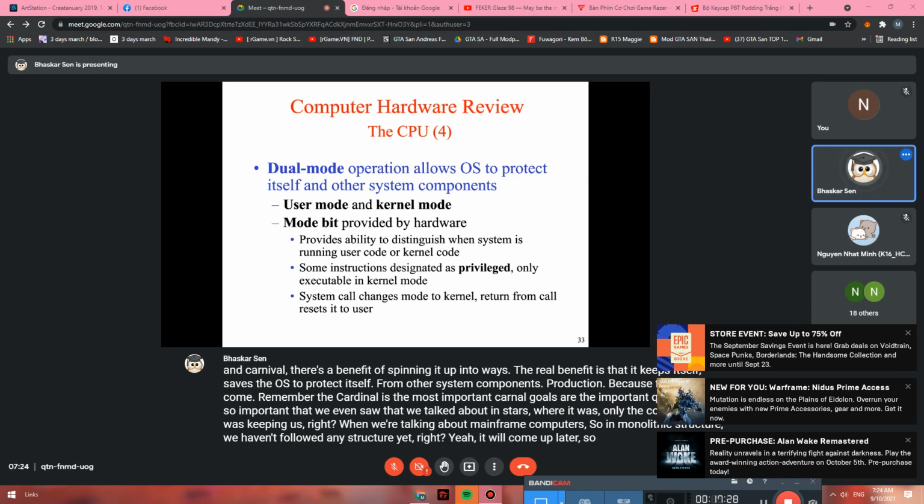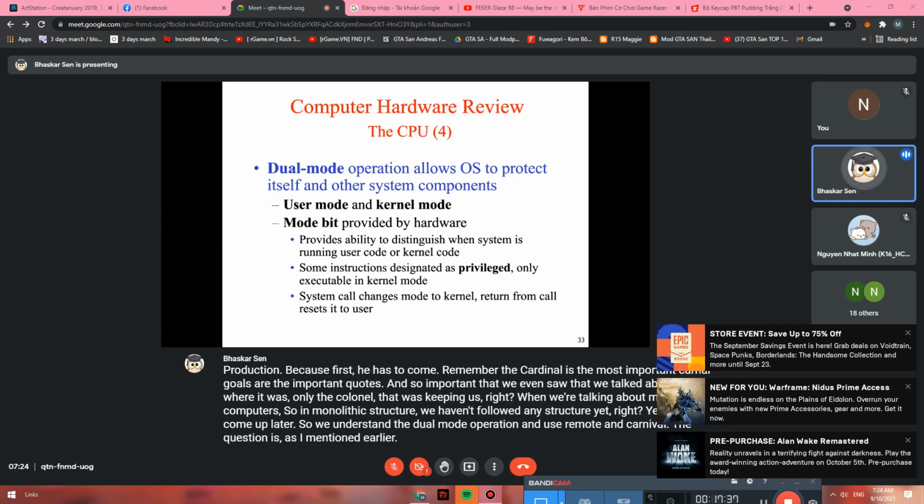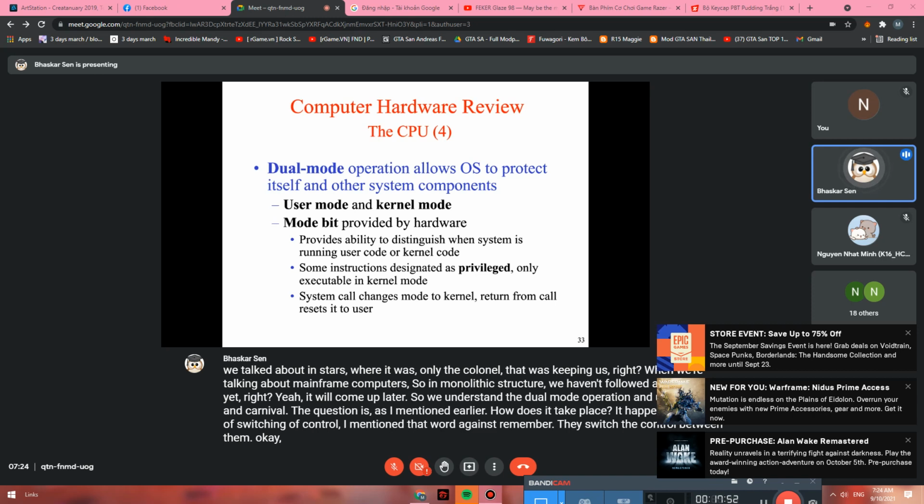So we understand the dual mode operation, user mode and kernel mode. The question is, as I mentioned earlier, how does it take place? It happens because of switching of control. I mentioned that word, if you can still remember. They switch the control between them, asking each other to pay attention to the following task.